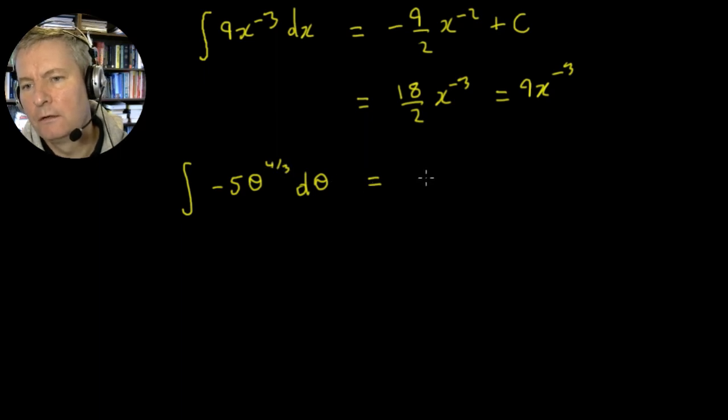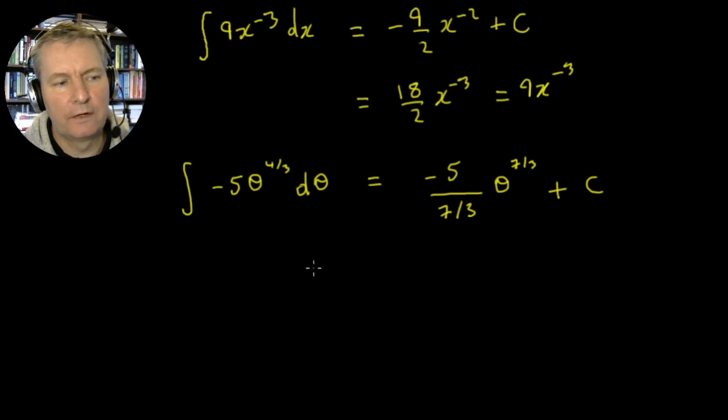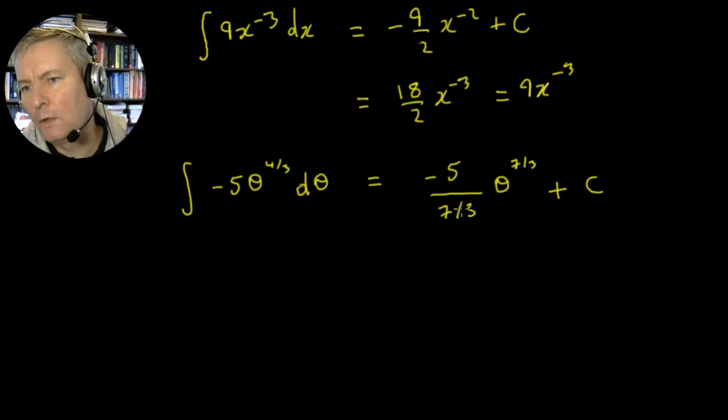So this is going to be minus 5 upon 7 upon 3 theta to the power of, well, it's 4 upon 3, so we're going to add 1 on, so it's going to be the value of our 7 upon 3, so it's theta to the 7 upon 3, all plus some constant c. So we can then rewrite that as, when we divide by 7 upon 3, it's the same as multiplying by 3 upon 7.